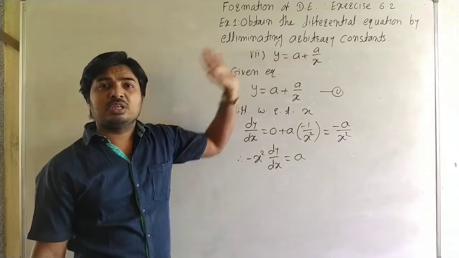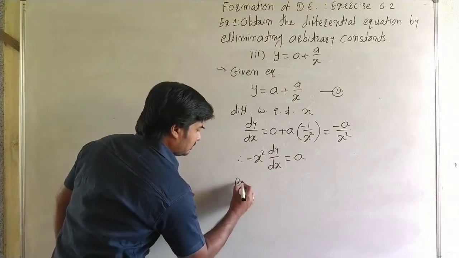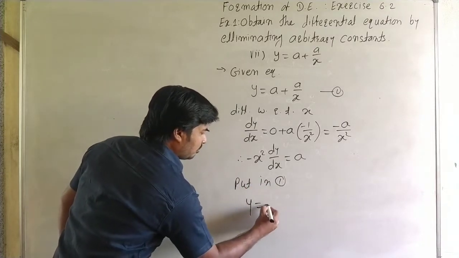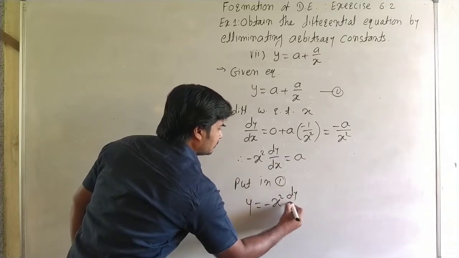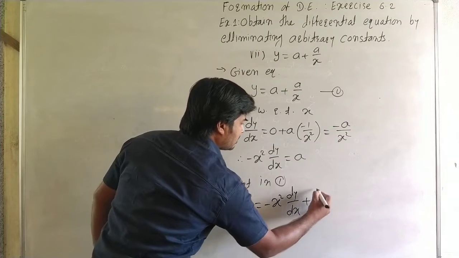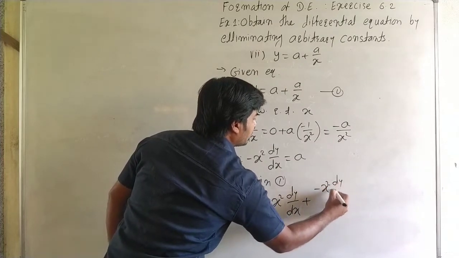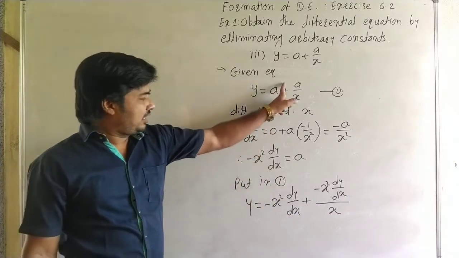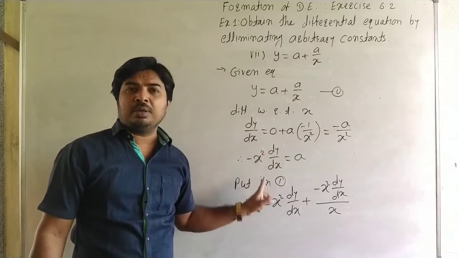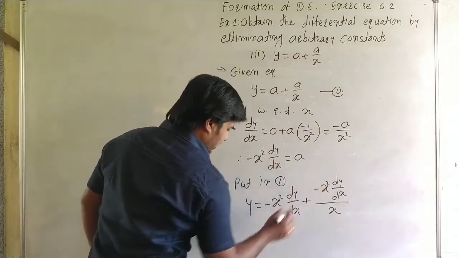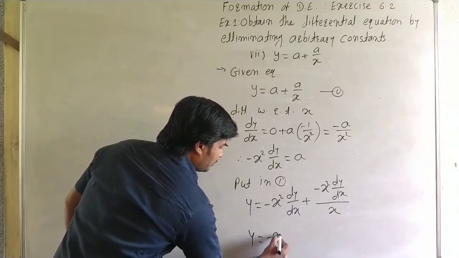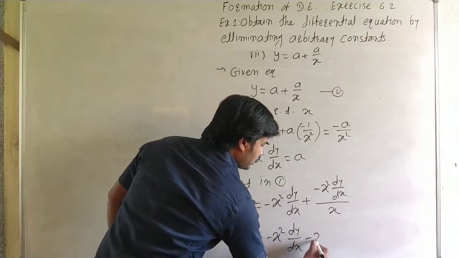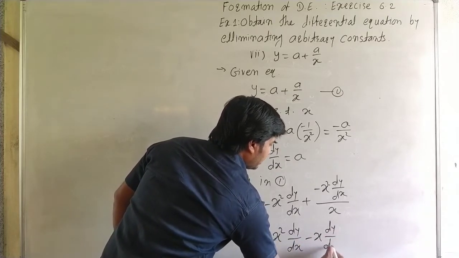Put this arbitrary constant in equation number 1. Y is equal to minus x square dy by dx plus (minus x square dy by dx) upon x. Here a is replaced by minus x square dy by dx. Now this x gets cancelled. Therefore y is equal to minus x square dy by dx minus x dy by dx.